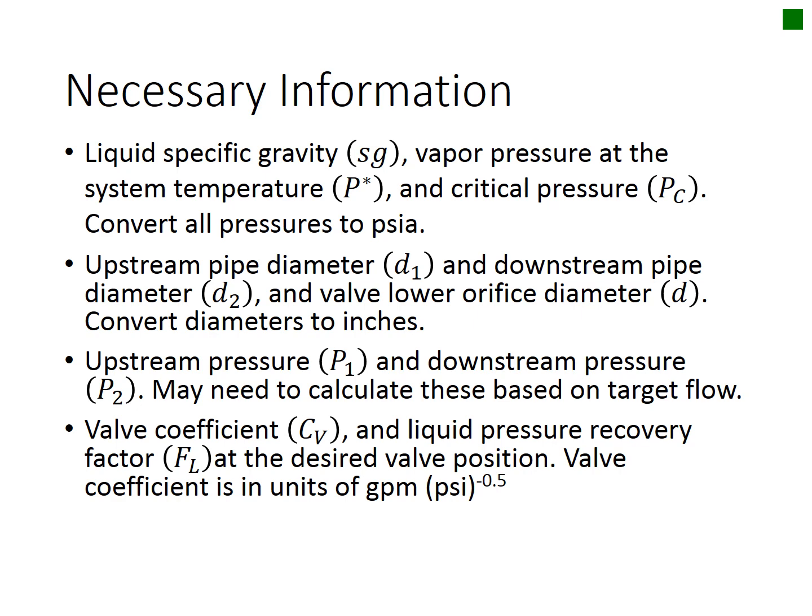And then we're going to look at the valve coefficient of the valve, C sub V, and a term called the liquid pressure recovery factor, F sub L, at the desired valve position. In the United States, we typically have our C sub V in units of gallons per minute per square root of the pressure drop in PSI.